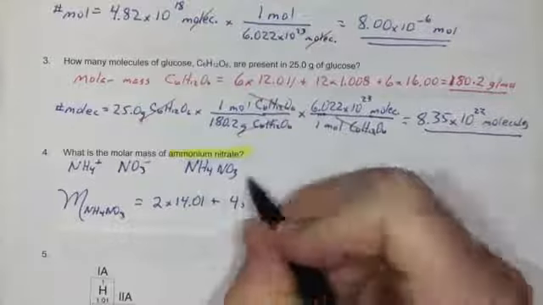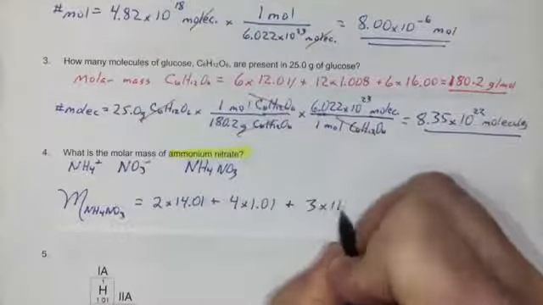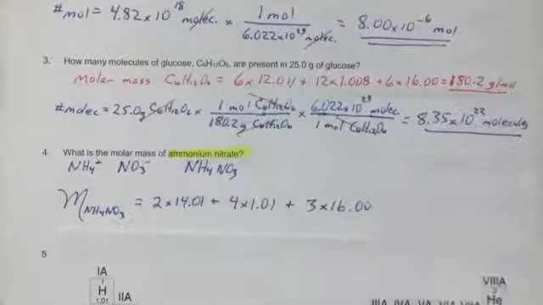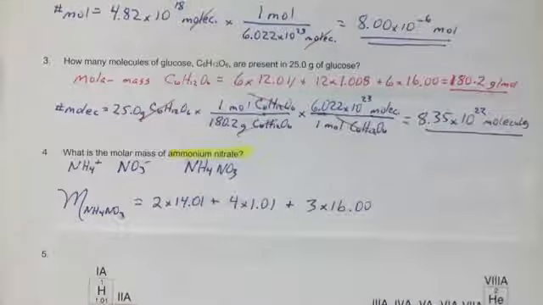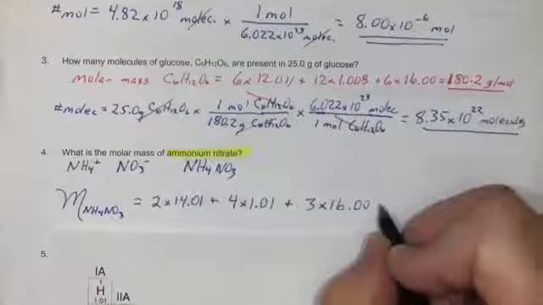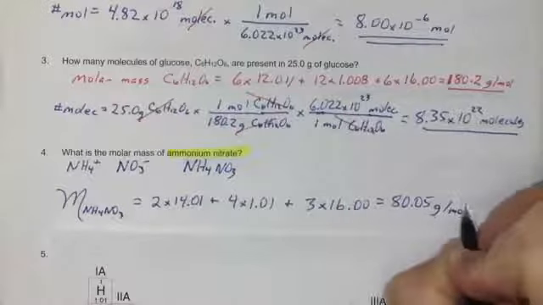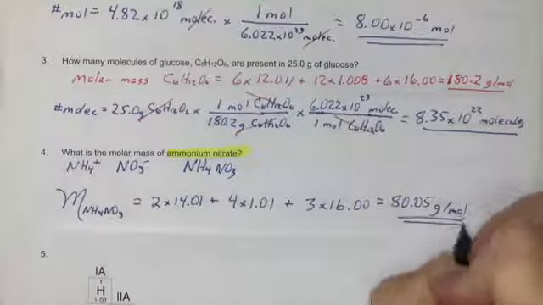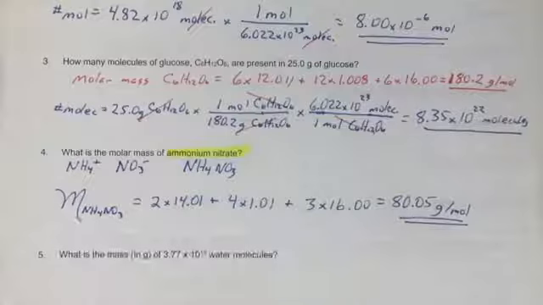Plus, there's 3 oxygens, 3 times 16. And when we do this, we can just round this to 4 significant figures, and we'll always be correct here. We get 80.05 grams per mole. 80.05 grams per mole is the molar mass.